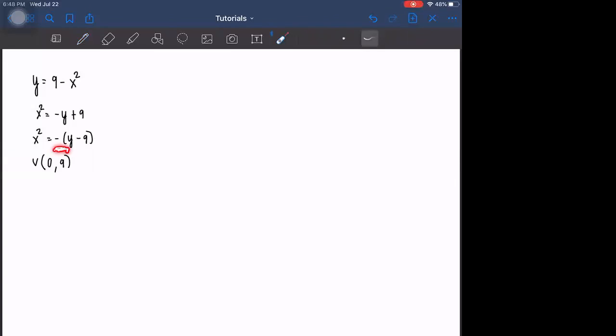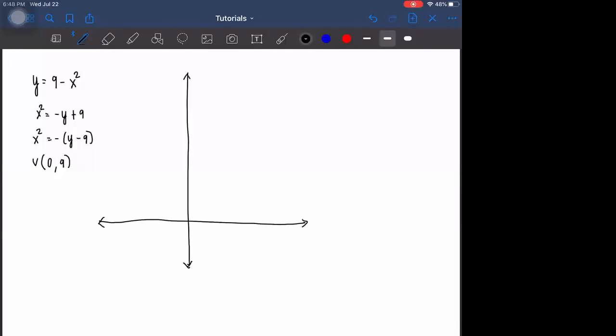Pila may coefficient dire? 1. So, 1 ang length sa latus rectum. So, the parabola faces, asa pa doon gani? Downward with a vertex at 0, 9, and it goes down.